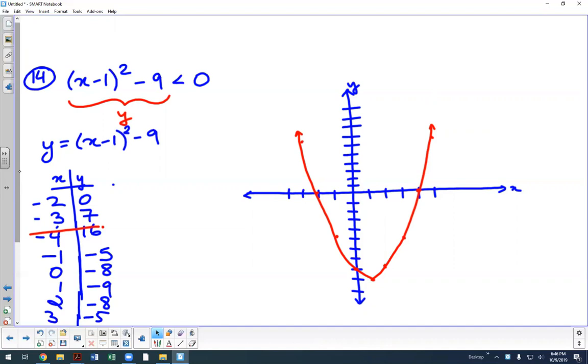And remember, this is not including 0. So look at your graph and see what part of my graph has negative y values. Spencer? Not sure? I was going to say at the origin. At the origin, okay. Yeah, so at this 0, I do have a -8 there.